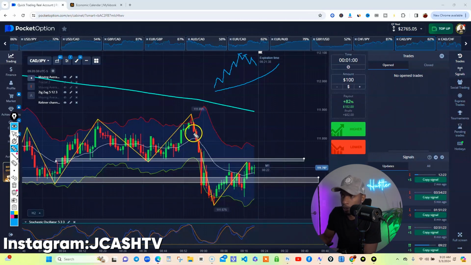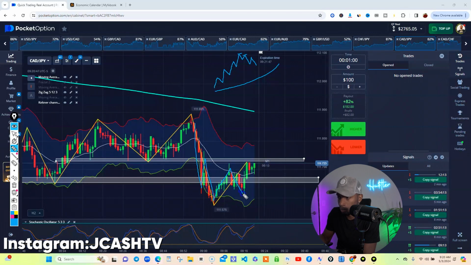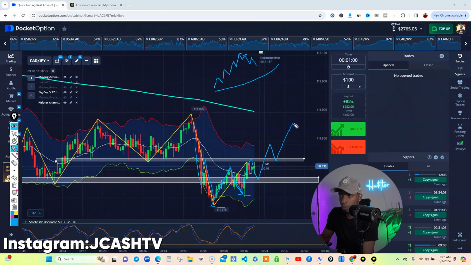So that's what happened here. Boom, we pull back, dropped, pull back, we dropped, but we still didn't drop lower than this low. So now it turns into a step ladder. Boom, pull back here, pull back here. You see what I'm saying?